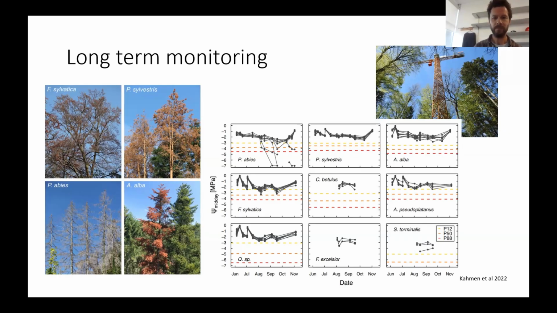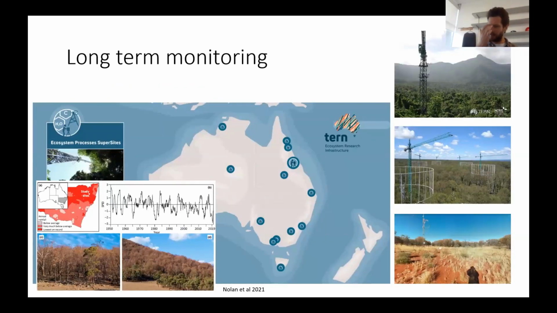In Australia, we do have some long-term monitoring plots, and a number of these are administered by the TERN research infrastructure. It's certainly useful, but in terms of the drought response traits that people are measuring, it tends to be a little bit piecemeal.